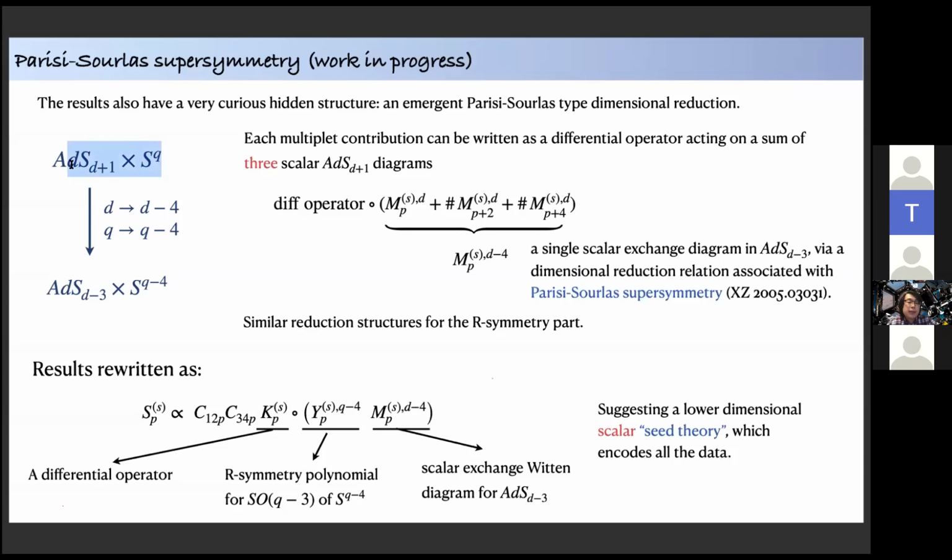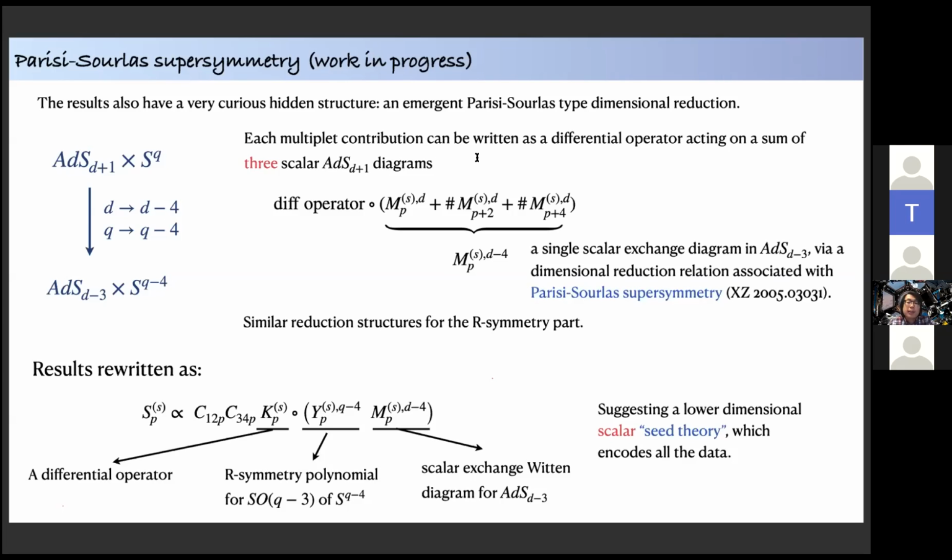We start with this background of AdS_{d+1} times S^q. Then the answer can be massaged such that a lower dimensional manifold naturally emerges, where the AdS part and the S part both have 4 dimensions less.